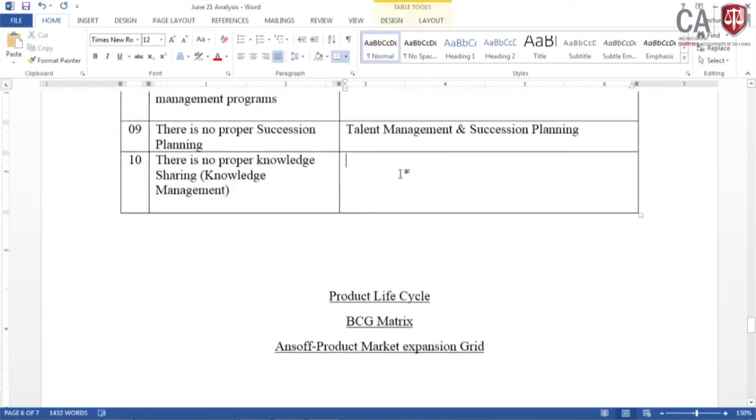Or we can write, so, encourage knowledge sharing within the organization, within the CBE.